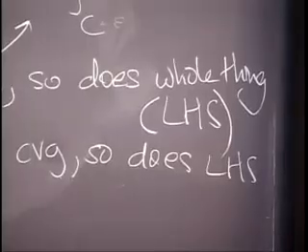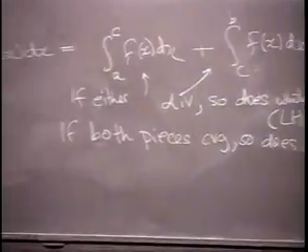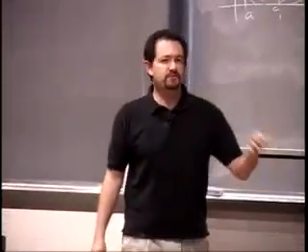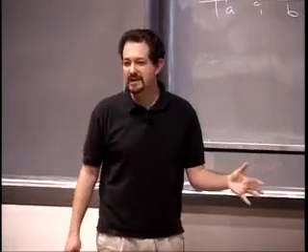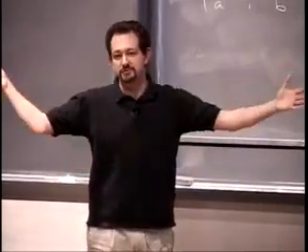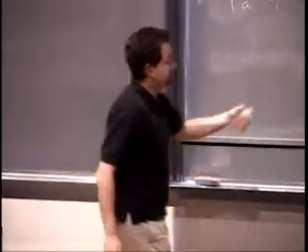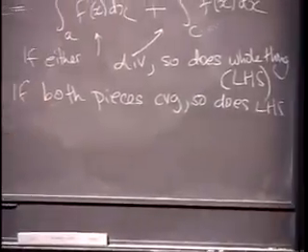So the implication when you're actually doing a problem is, if you have split up an improper integral into two pieces, and you look at them one at a time, and you find that the first one diverges, don't even bother looking at what happens with the second one, because you know then the whole thing diverges. On the other hand, if it converges, you have to check the other piece, and hopefully that converges as well.